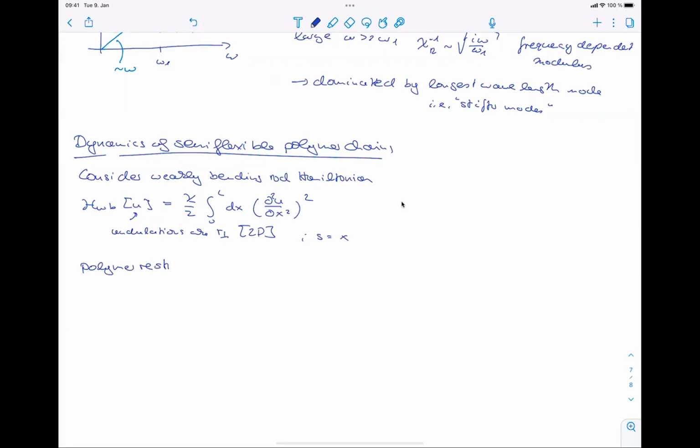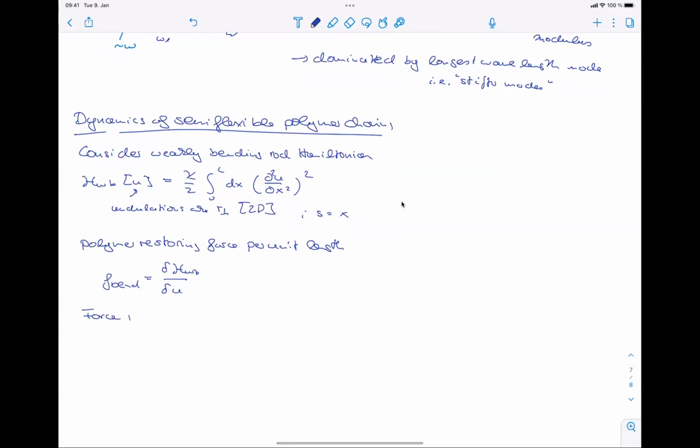So polymer restoring force per unit length. And then we're interested in the force for a small deviation from the rigid rod. So that would be a small variation in the weakly bending rod Hamiltonian with respect to such an undulation.